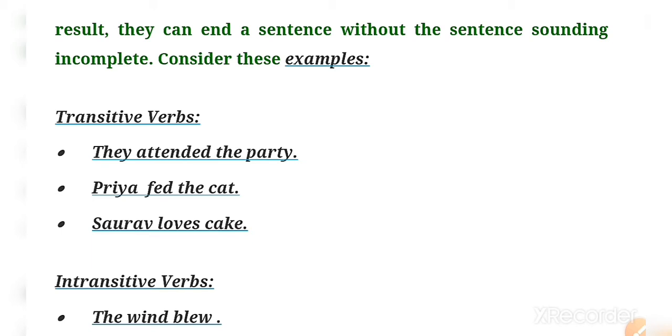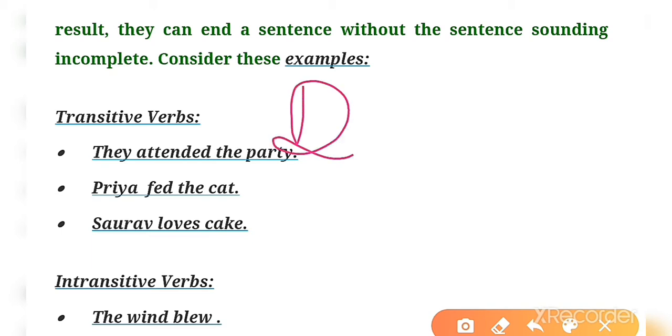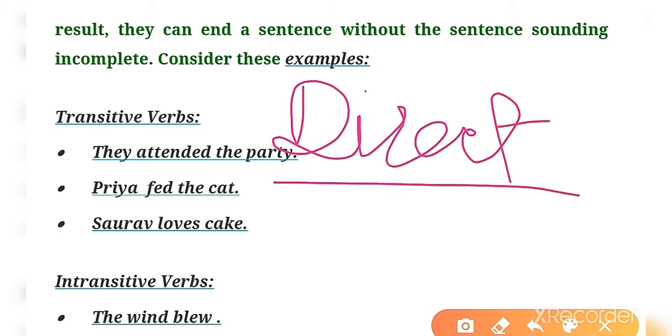You know that a transitive verb always requires a direct object, and an intransitive verb does not require any object. Without taking any object, it gives the complete sense. So how a main verb works as a transitive verb and intransitive verb, here we will discuss.